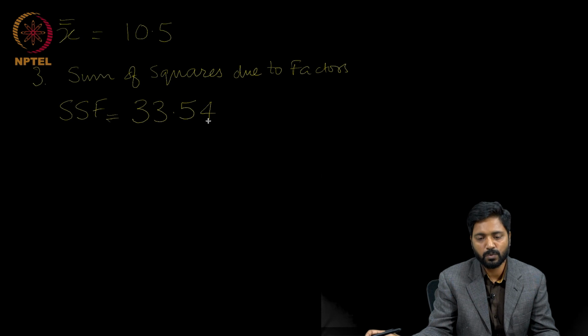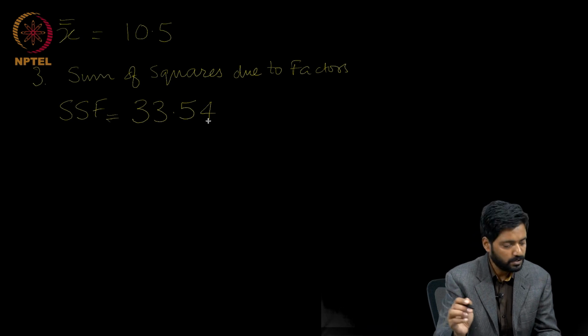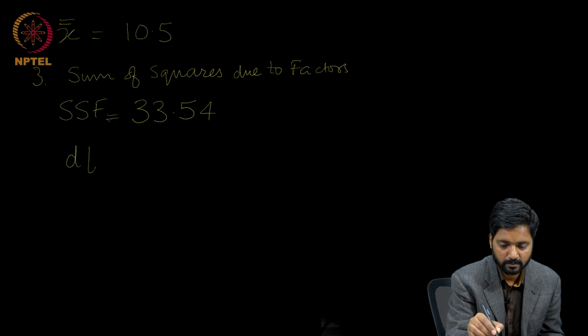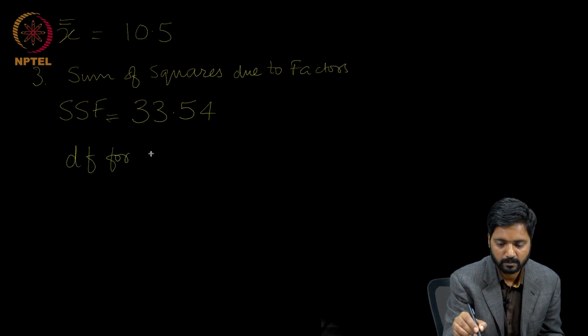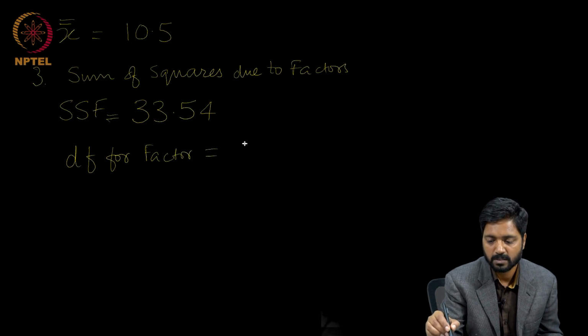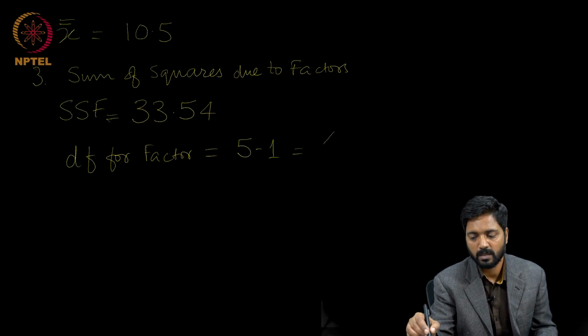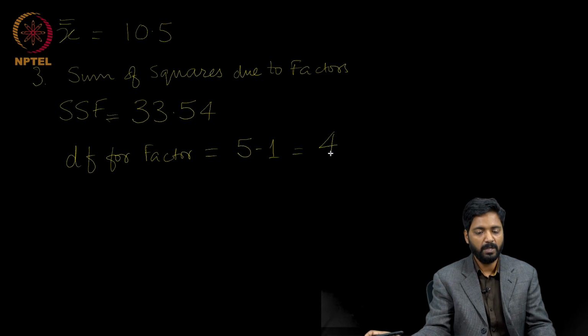Now we also know that the degrees of freedom here for the factor is the number of groups, which is 5 minus 1, and this turns out to be 4.